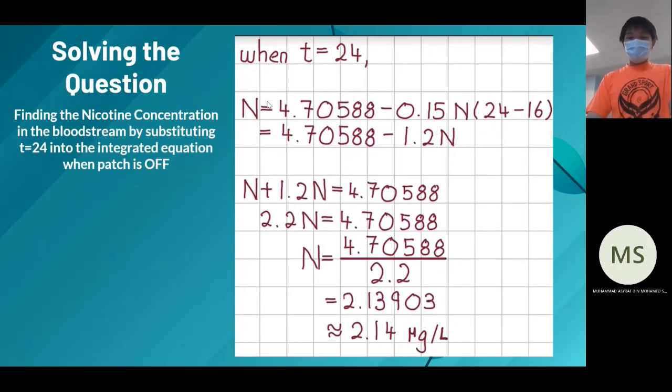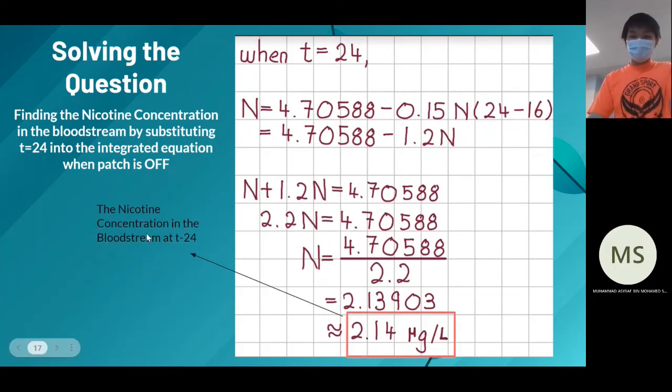Then we sub in T equals 24 into the integrated equation for when the patch is off. This gives us the result of 2.14 micrograms per liter, which is our final answer for the nicotine concentration in the bloodstream at T equals 24.